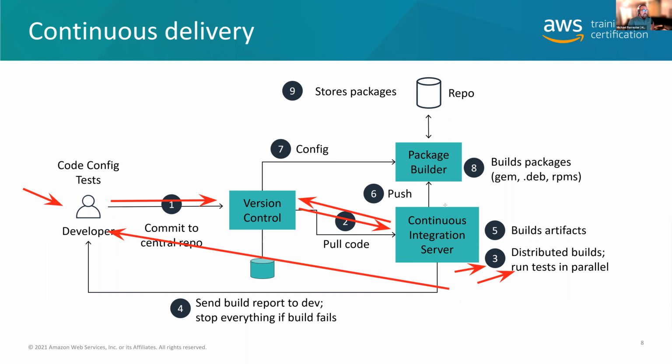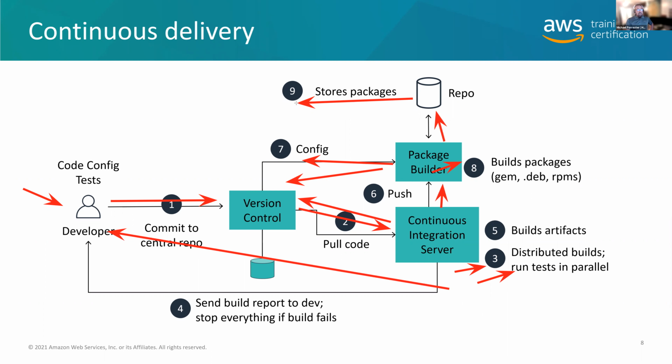If everything looks good, then it's going to take the artifact and push it usually to a third-party repository. It also might pull configuration either from the environment or from version control. Then it's going to build the packages, the artifacts in question, make sure that they are committed to that artifact repository, and then store the package. At this point, this package can now be kicked out to production.